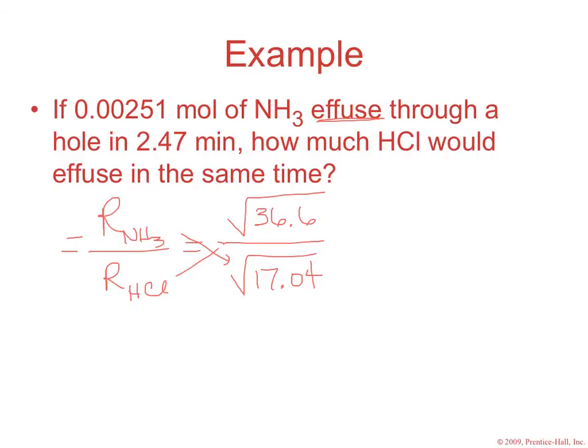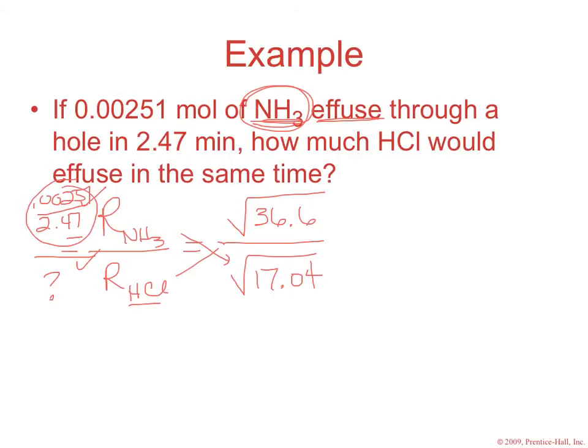And what do you know about the relative rates of these two? Well, we know that the rate of diffusion of the ammonia is 0.00251 moles per 2.47 minutes, and we want to know what the rate of the HCl is.